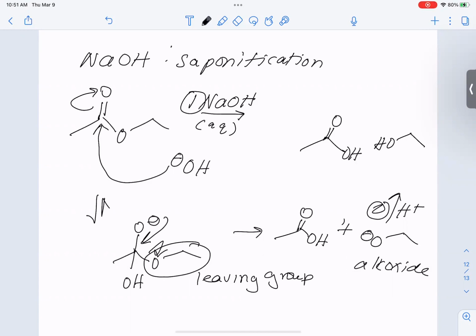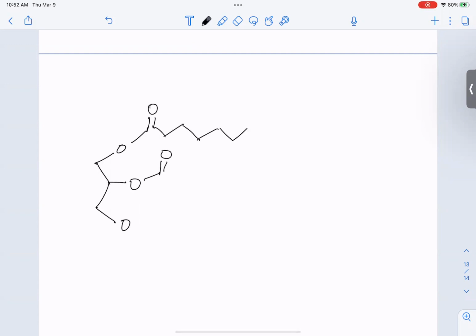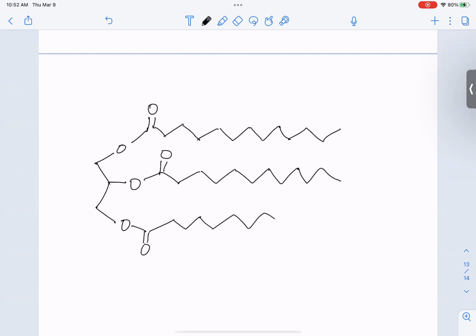I forgot my O- here. So just to let you know, and if I change it up, which I might, when you have, and I feel like I've drawn this for you guys before, this is a triglyceride.